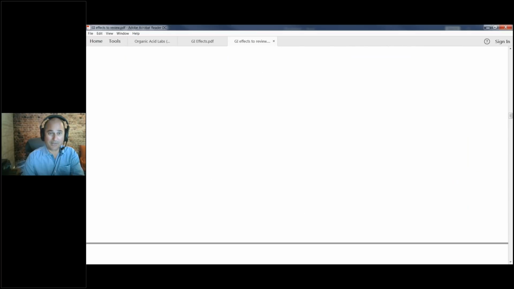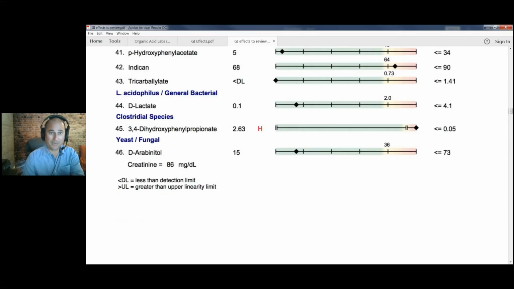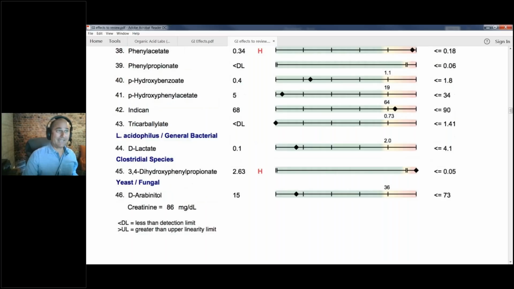Let me go through this one more time for Ann and for all of you as a quick review. Indican, when it's high, is a marker for poor protein absorption, protein assimilation. So you could obviously do HCl or check out their stomach. But high indican is also an indicator that they may need tryptophan, which can help us sleep and other things.